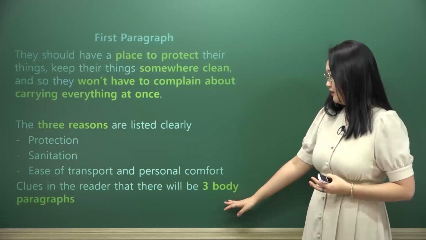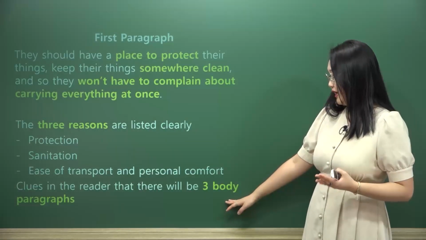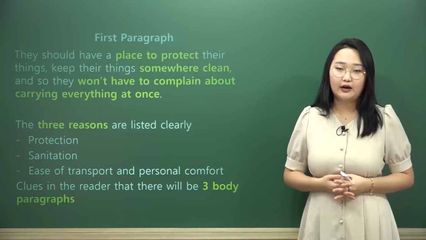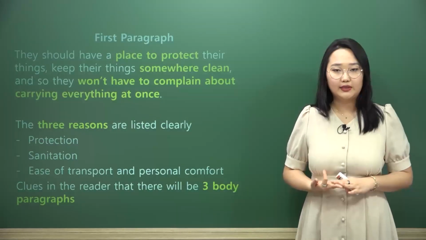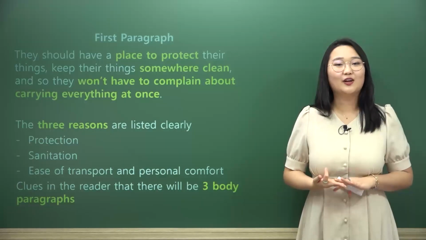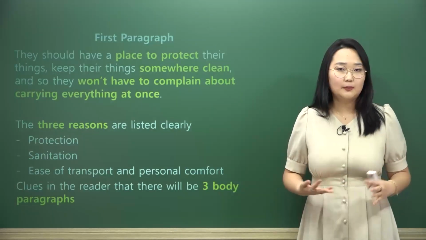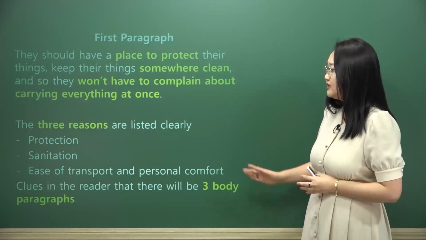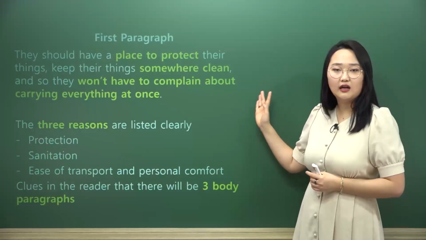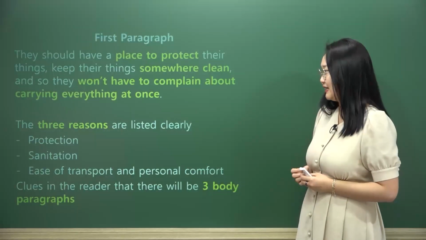This clues the readers in that there will actually be 3 body paragraphs. How do we know this? Well, there are 3 topics. If there are 3 topics, then there will be 3 body paragraphs. Each topic should get its own body paragraph, of course, and so we can get clued in that this is going to be a 5-paragraph essay.